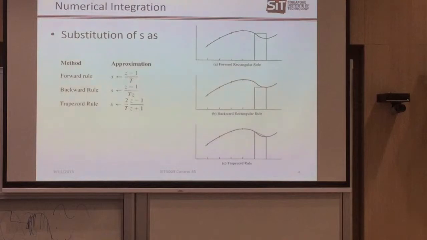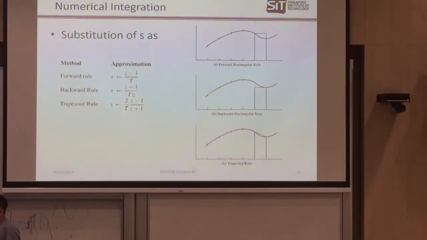We also proved that Euler's forward and backward is equivalent to the rectangular forward and backward. It's just that one talks about differentiation, the other about integration. We can consider integration as anti-differentiation, or differentiation as the reverse of integration, right?